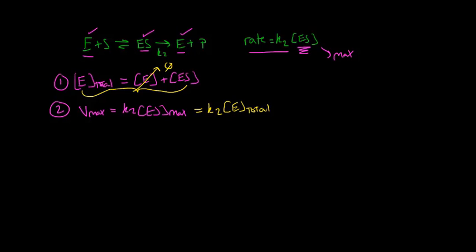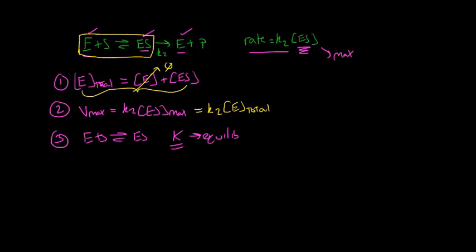The third thing to focus on is that this first step, converting enzyme and substrate to an enzyme-substrate complex, is an equilibrium reaction. So point number 3 is that enzyme plus substrate going to the enzyme-substrate complex is governed by an equilibrium constant, capital K. Now that we have these 3 points established, I'm going to introduce the Michaelis-Menten equation.